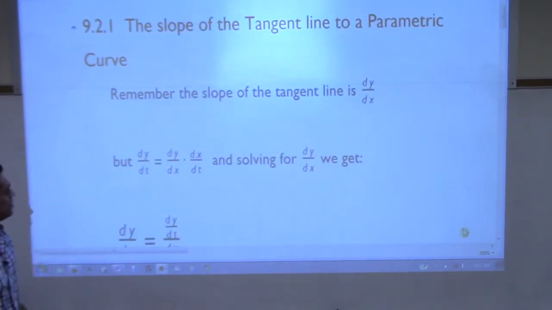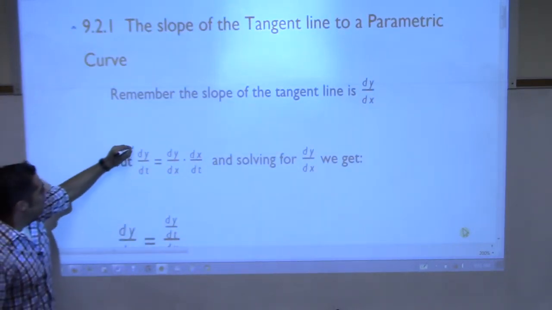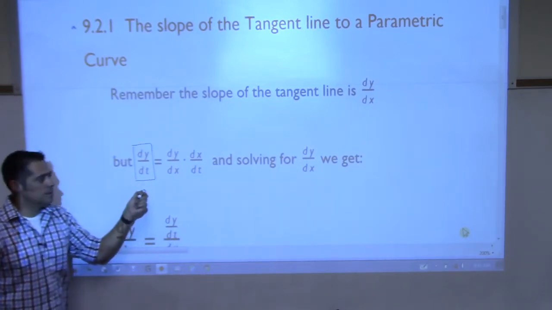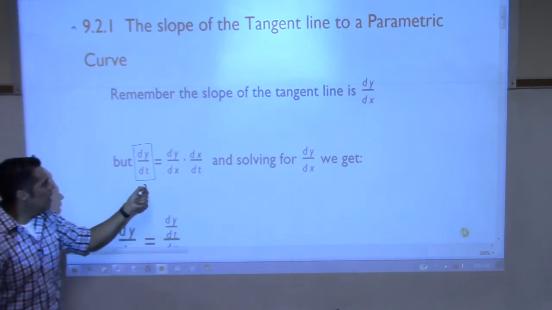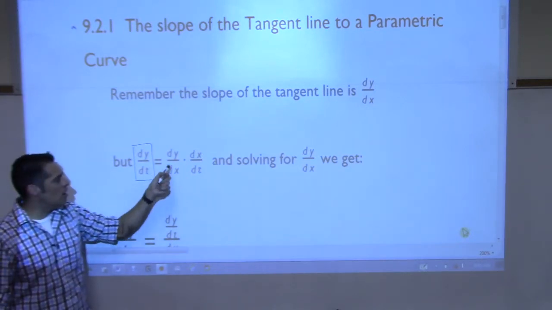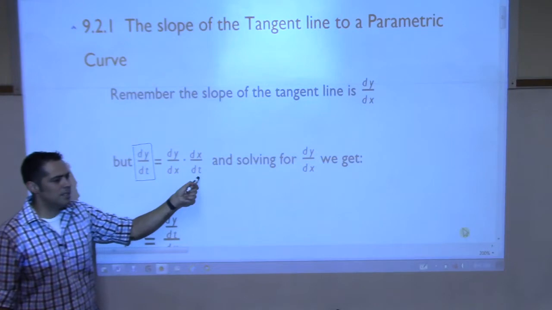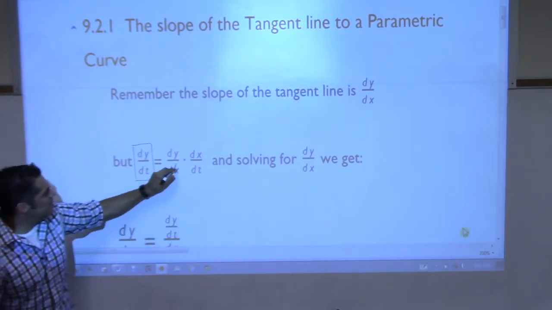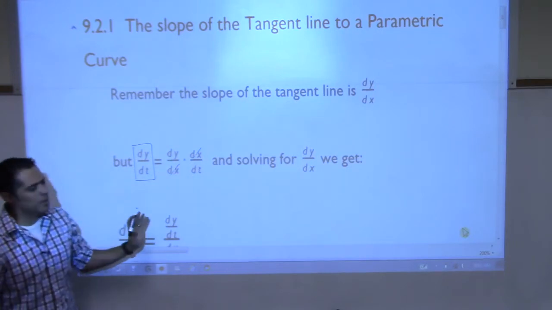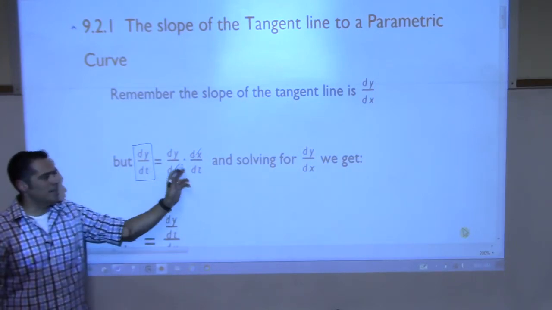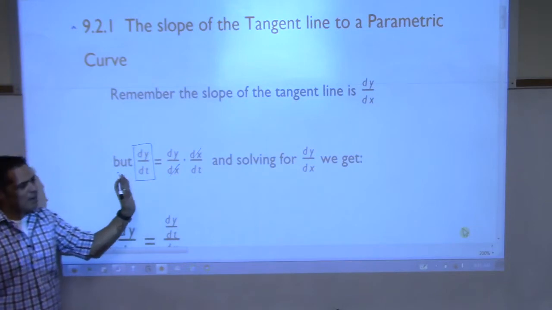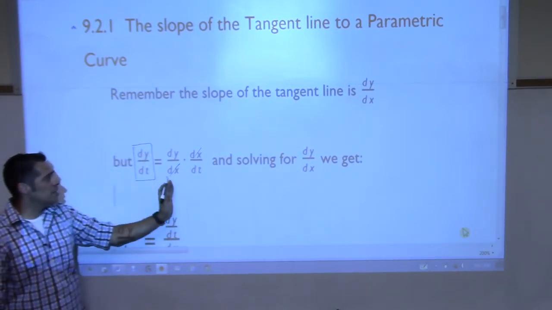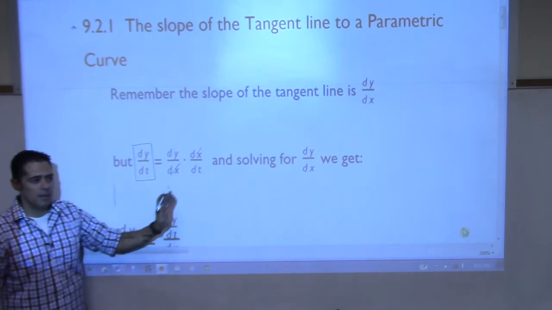We're going to use this very nice fact that dy/dt can be rewritten as dy/dx times dx/dt, using the chain rule in Leibniz notation, because the dx's would cancel and you really get dy/dt.